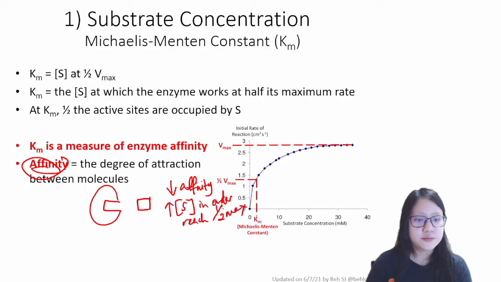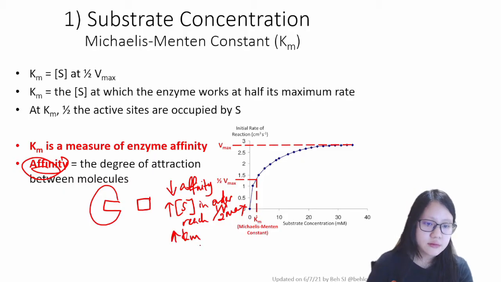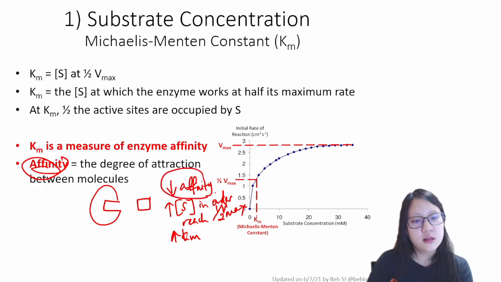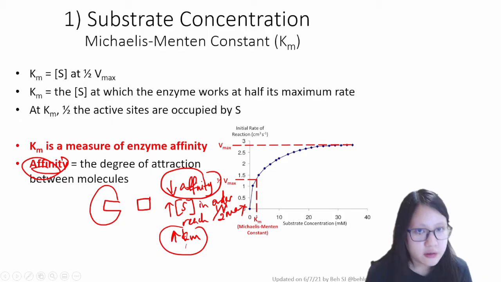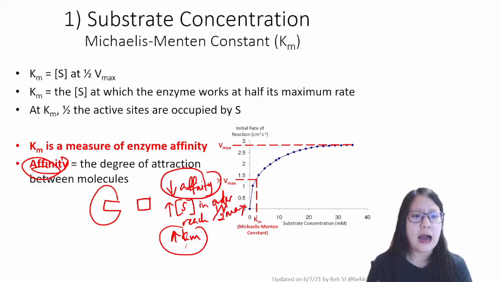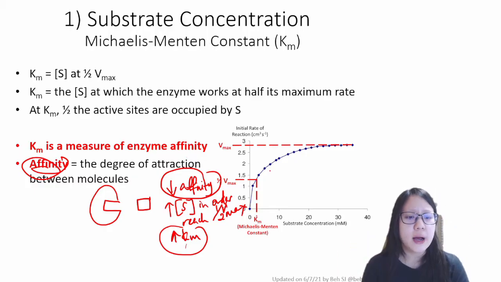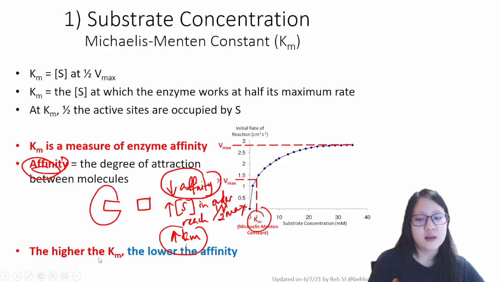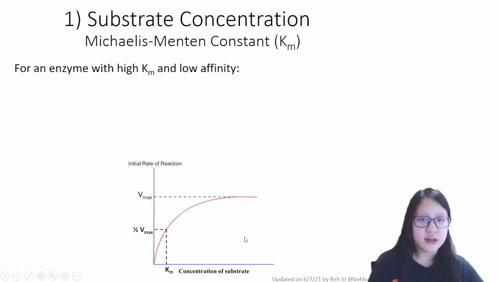And therefore, you will expect that Km to be higher. So you can see low affinity, higher Km. So if we do an experiment and we get a graph that looks like this, we can find out the affinity of the substrate, how much attraction there is, just by looking at the Km value. The higher Km is, the lower the affinity.